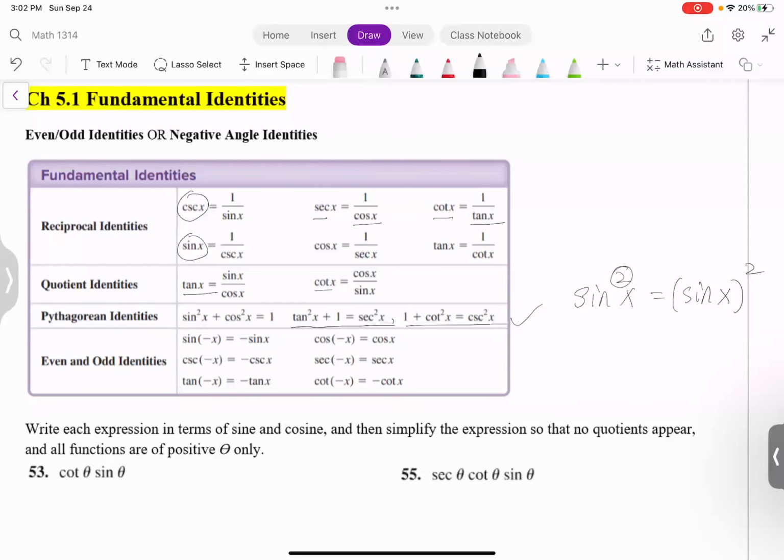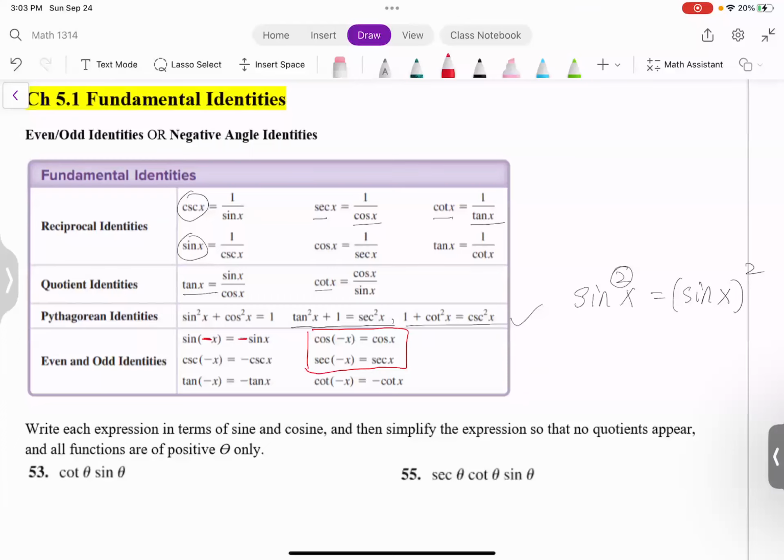Even or odd identities, we only have two trig functions that are even functions. They are here, cosine and secant. That means these two functions are symmetrical along the y-axis. If I have an odd function and I input the negative x, I'm having negative sine x.